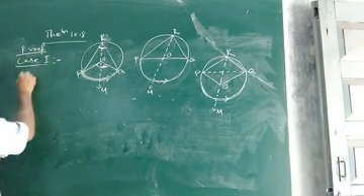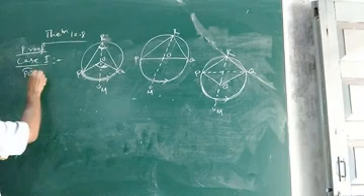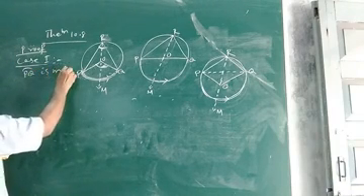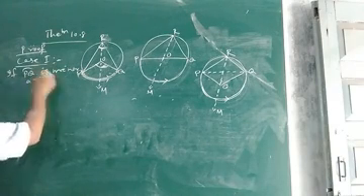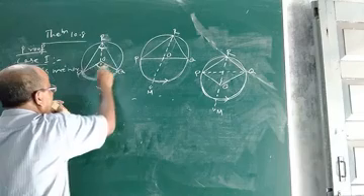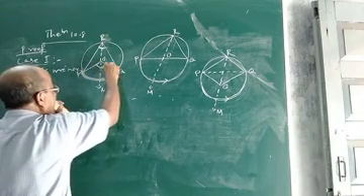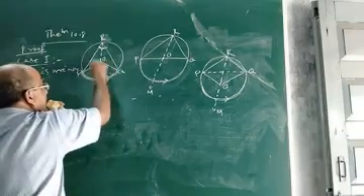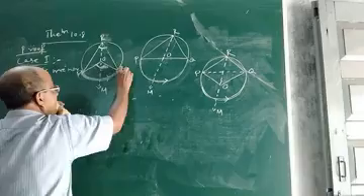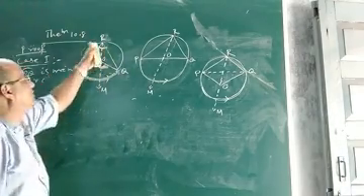Suppose PQ is a minor arc. How to prove that this arc will subtend this angle at the center and angle PRQ on the remaining part? How will you prove that angle POQ is double angle PRQ?